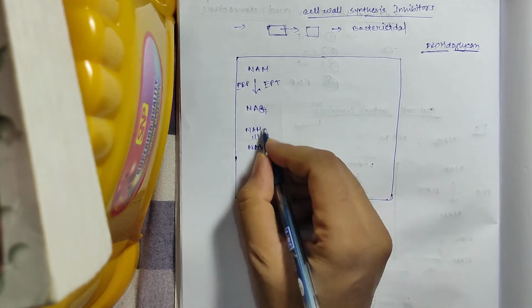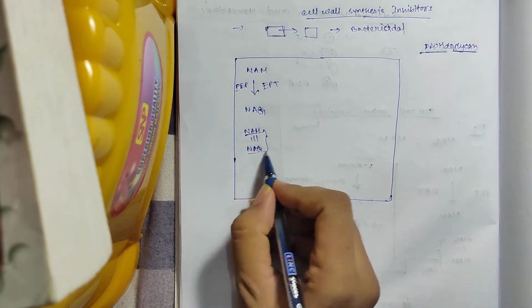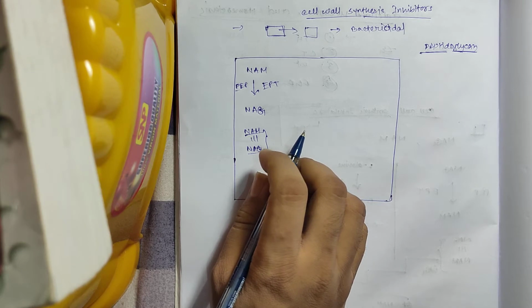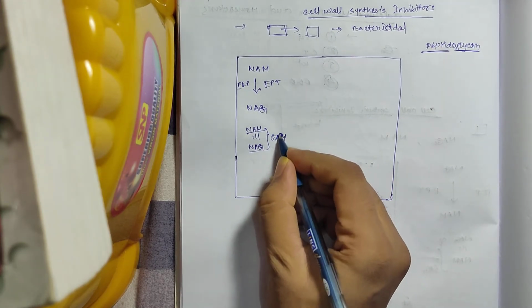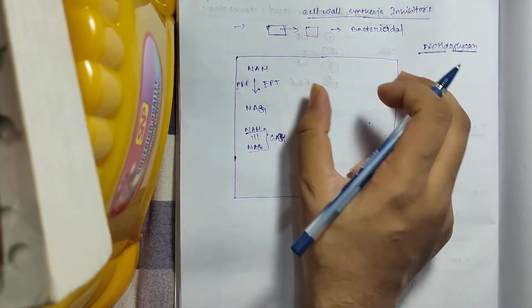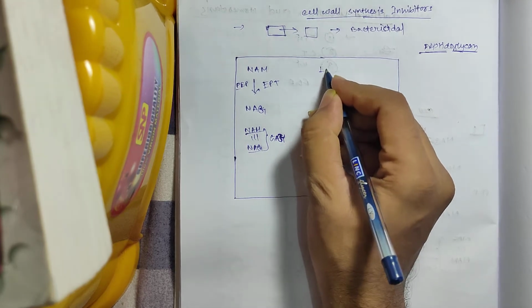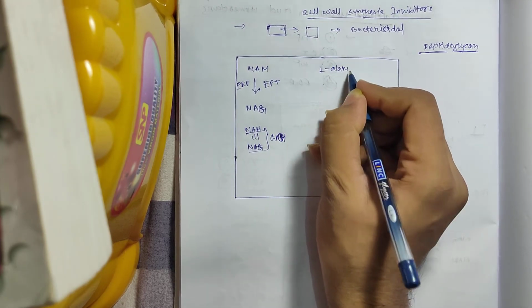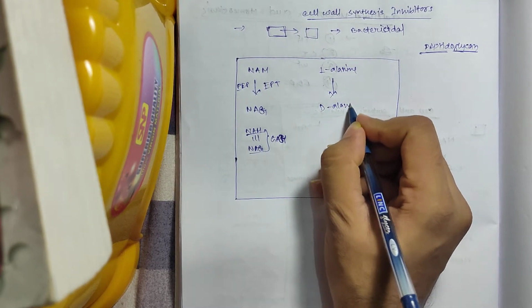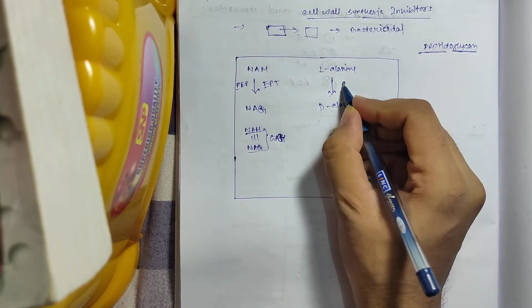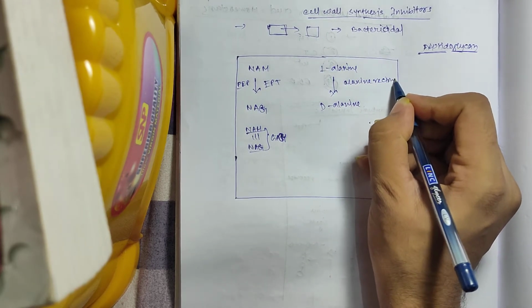Now this N-acetylmuramic acid and N-acetylglucosamine together is known as GAG, the glycosaminoglycan, right? Another part is peptide synthesis. What happens here is that one amino acid, L-alanine, is converted into D-alanine by the enzyme alanine racemase, right?